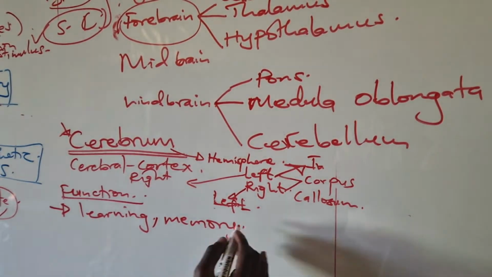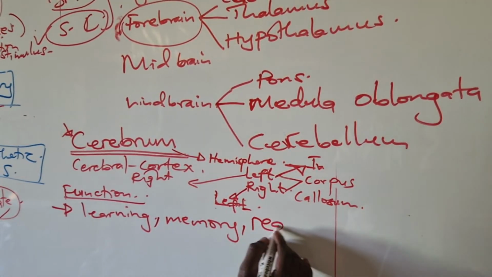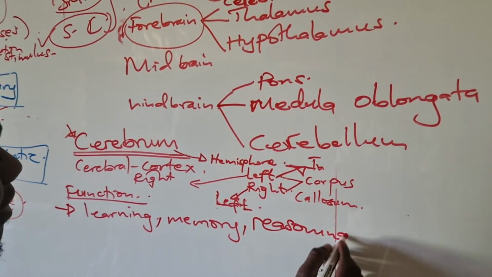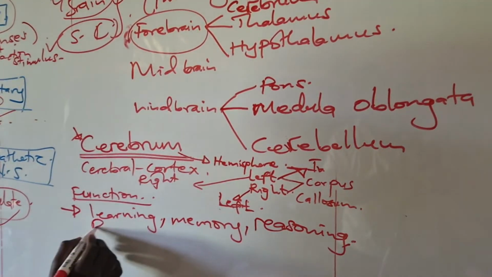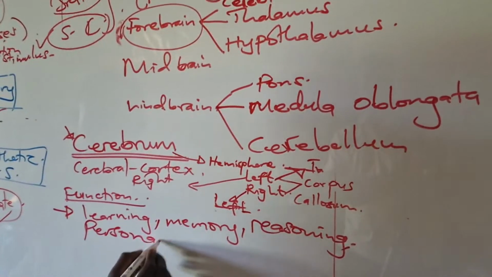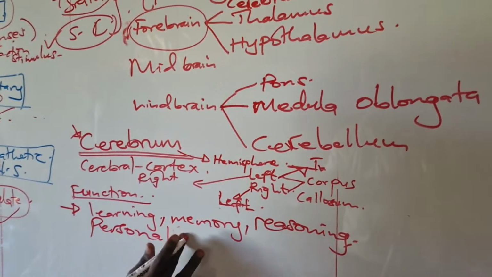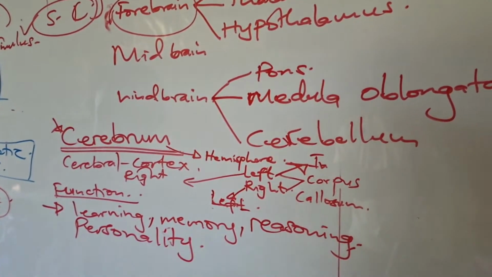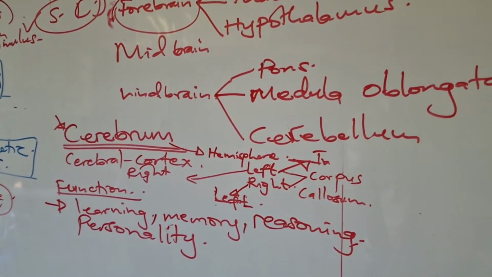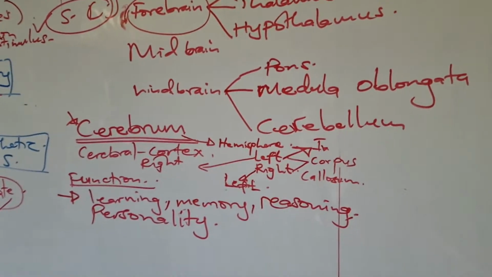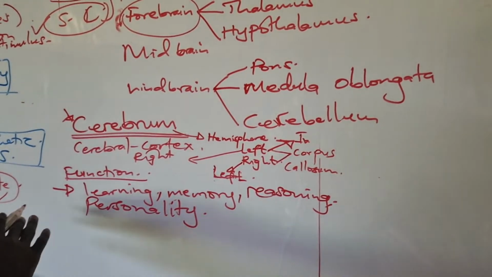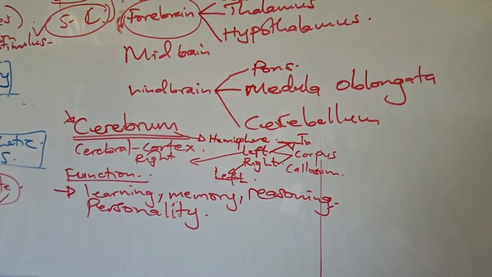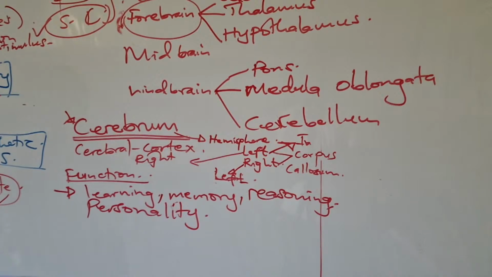It also coordinates reasoning, and personality. We are giving the functions of the cerebrum. It controls and coordinates learning, memory, reasoning, personality.